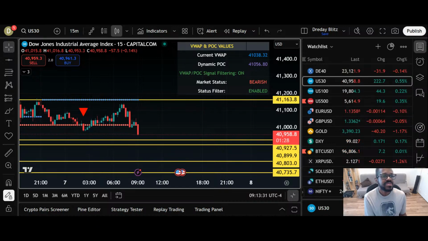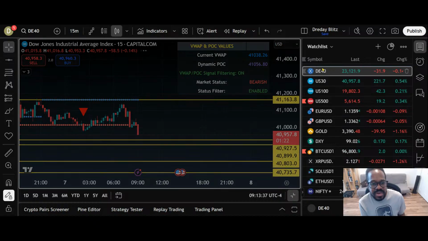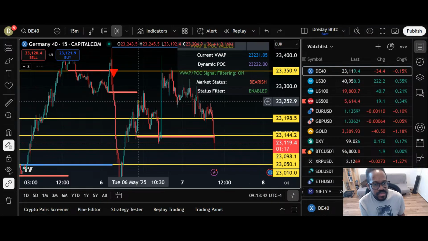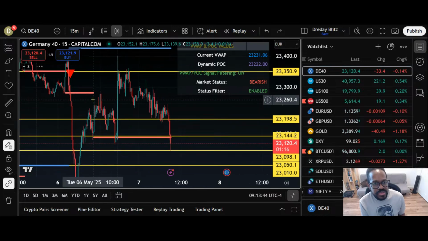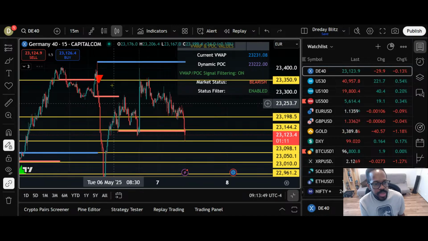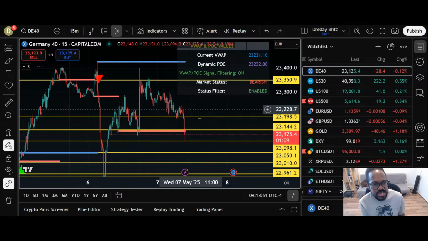Okay, great. So you have German 40 on POC. I know most of the indices are crashing right now, so that's perfect. POC was giving you a sell. So we went back to those previous zones here that we had on Tuesday.